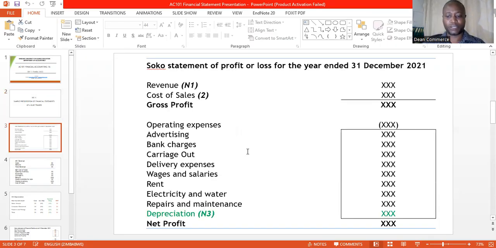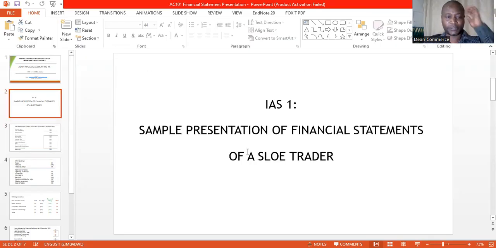So let me use the slide as it is without running the slideshow. According to IAS 1, this slide has been prepared according to IAS number 1, International Accounting Standard number 1.